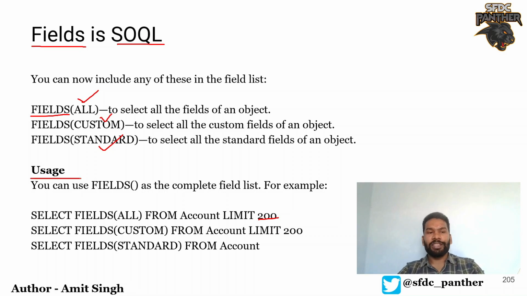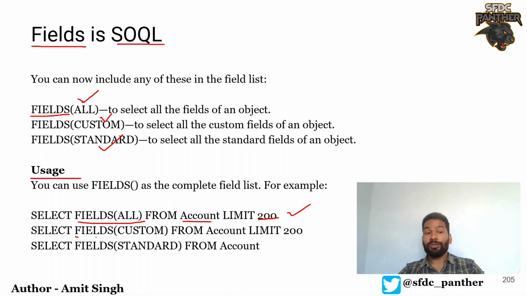So that's what you can see here under usage. If you are trying to get all values for an object like account using fields all, you have to put the limit, because that is the most records fields can return. The reason is that Salesforce doesn't want to hit governor limits like heap size or any other limit, because Salesforce doesn't know how many custom fields there are and what kind of data they hold.